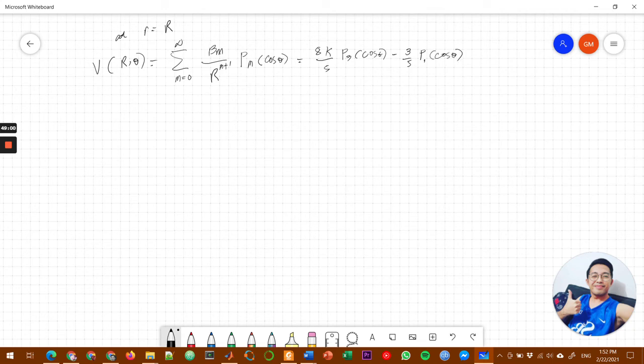Alright? Again, if you look at the left-hand side and the right-hand side, the summation can only exist if m equals 1 or m equals 3. Okay? m should be equal to 1 or m is 3. Otherwise, bm is 0.